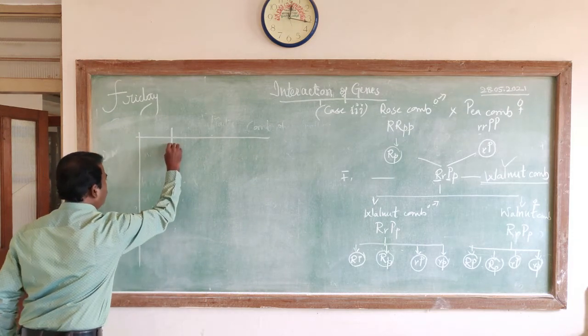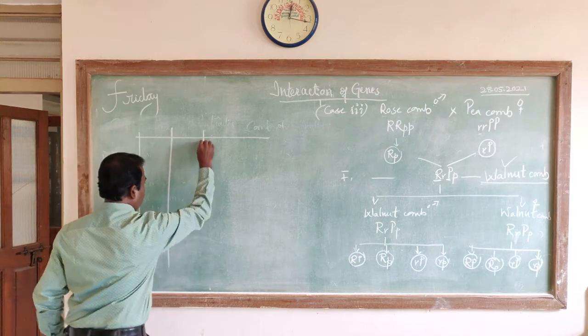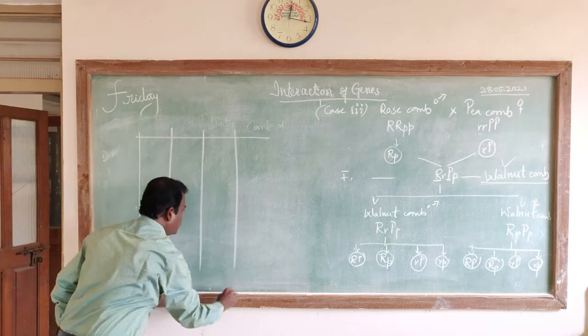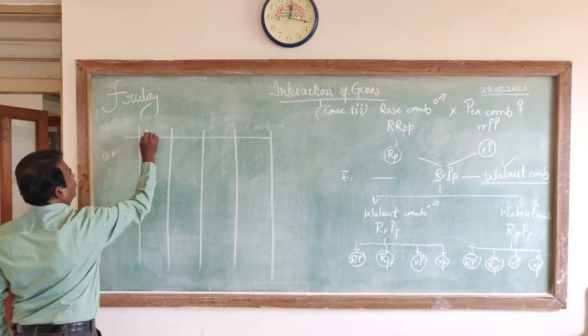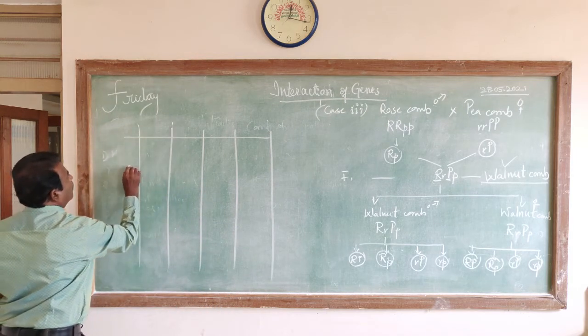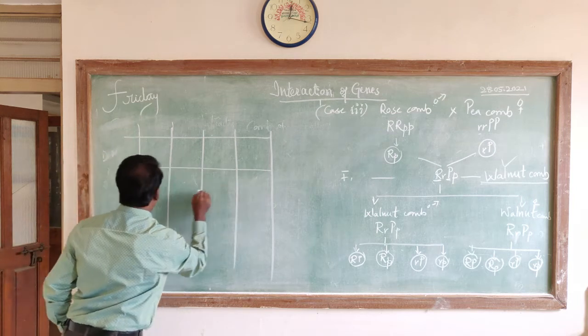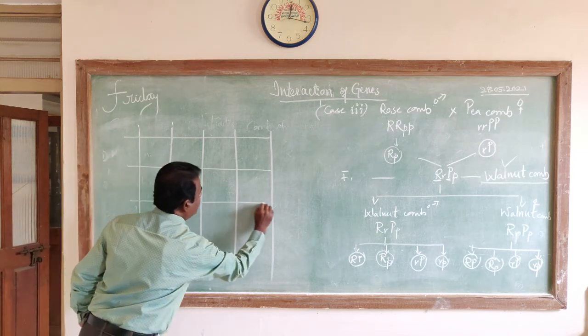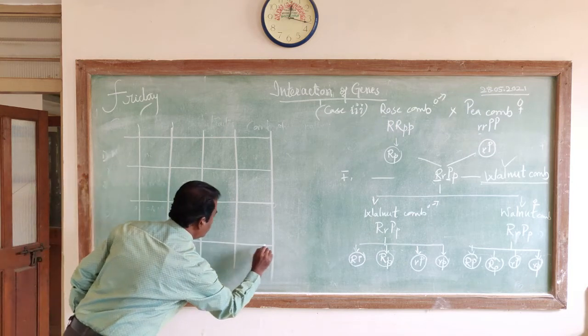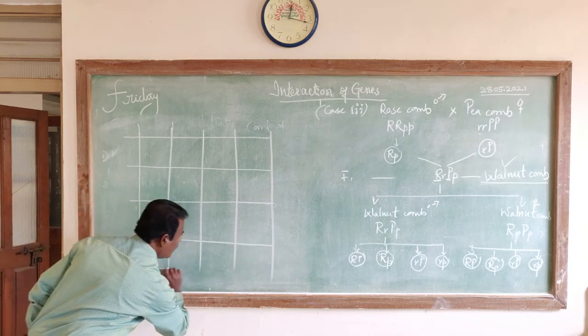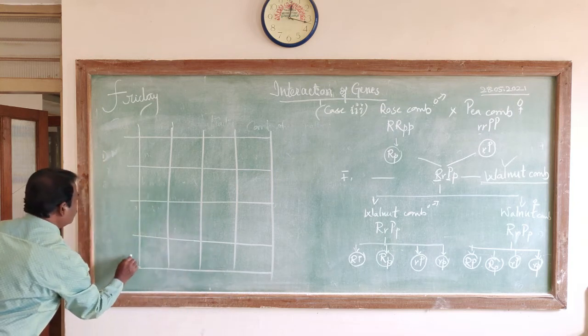We need to form 4 columns, and rows also need to be 4, as allelic combinations are 4. We get a total of 16 kinds of genotypes with their respective phenotypes.